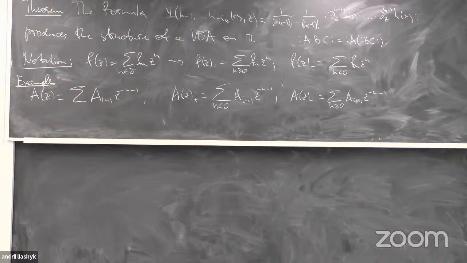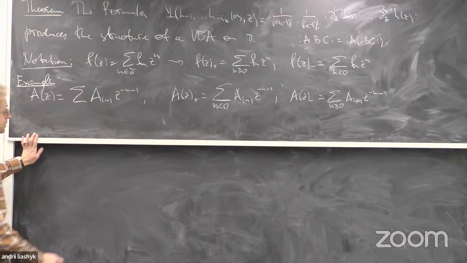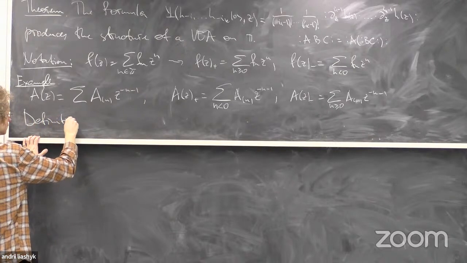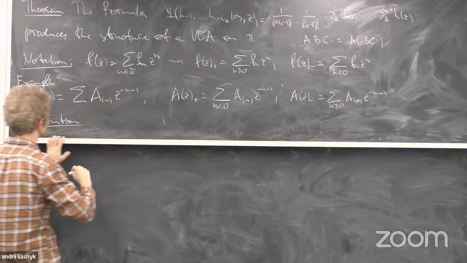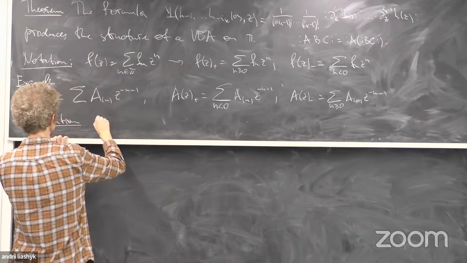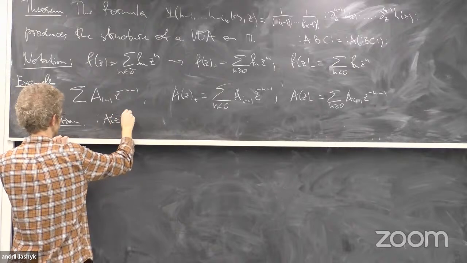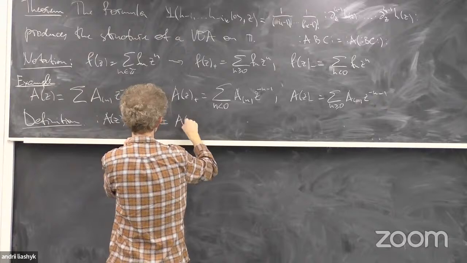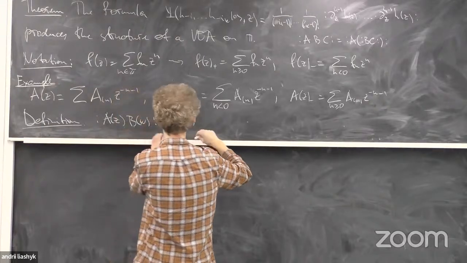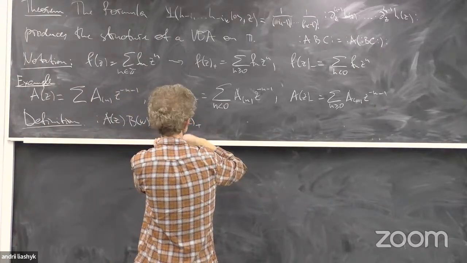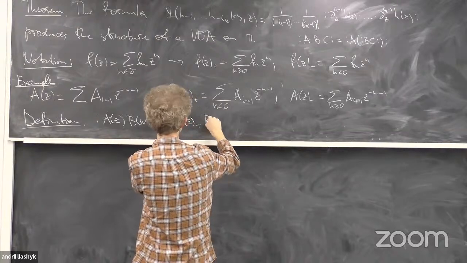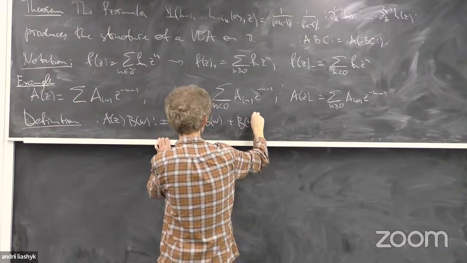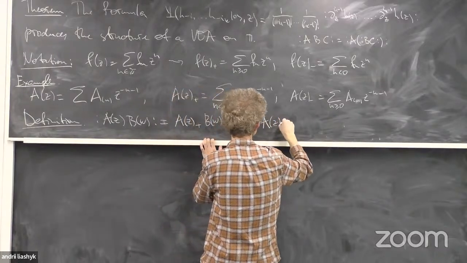Okay. So now let us give a definition. Given two fields, A of z and B of w, we define the normal ordered product as A of z plus B of w plus B of w A of z minus.